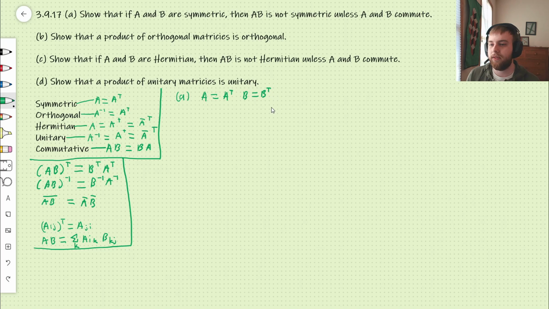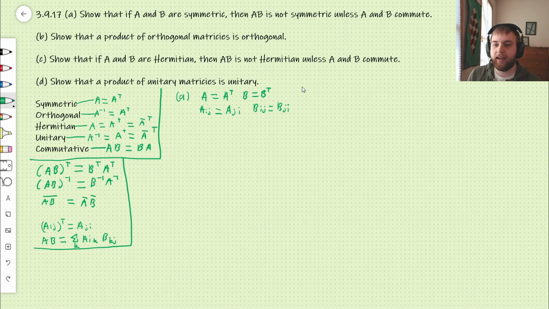From the definition of transpose, this means that because each is equal to its own transpose, the ijth element is equal to the jith element for both of these. In fact, A of ij is equal to A of ji, and B of ij is equal to B of ji.